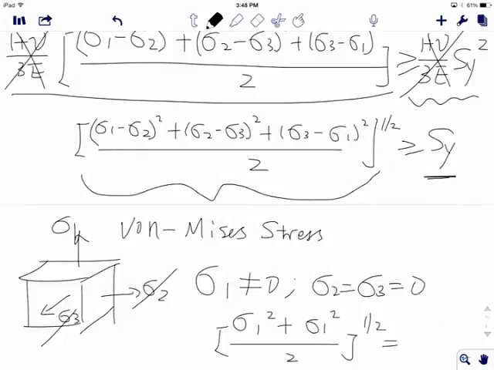Of course, that's going to be sigma 1. That is the definition of von Mises stress, and now we know how to relate whatever we see in the finite element with the analysis we did here.